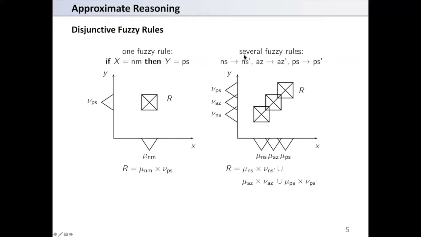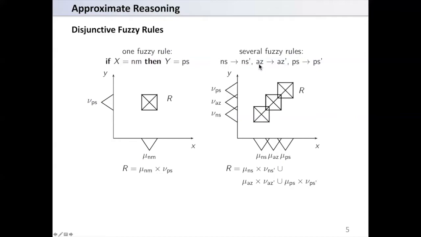If we have several fuzzy rules, saying that if x is negative small, then y is negative small prime. This is shown as n prime because it is on y.